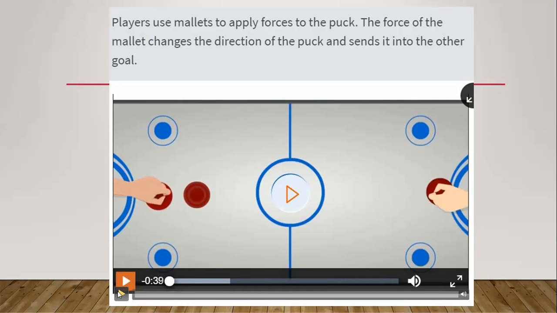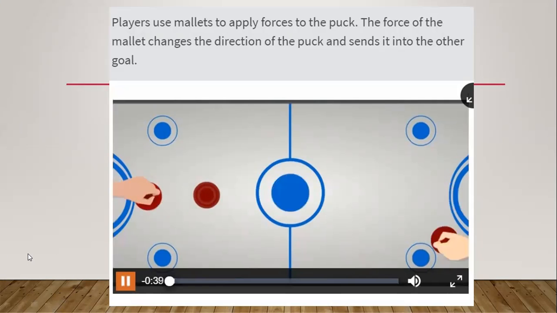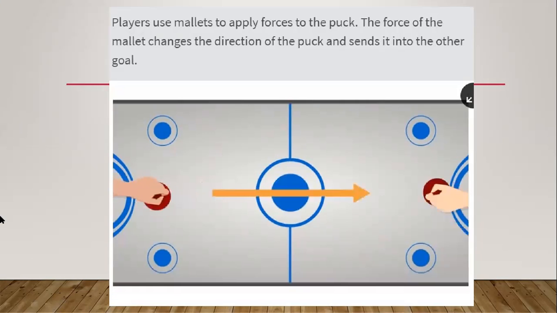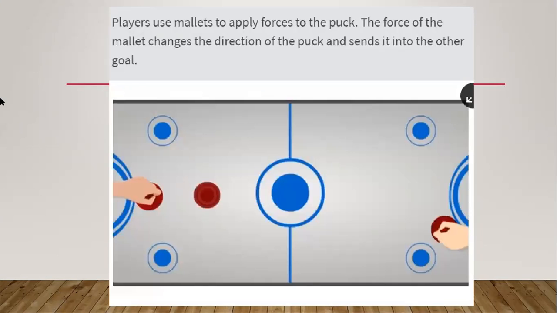Let's see, Bismillah. Push, weak push, no change in direction. It's a weak push. Let's see the strong push and what happened when he made the strong push. Okay, another weak push.